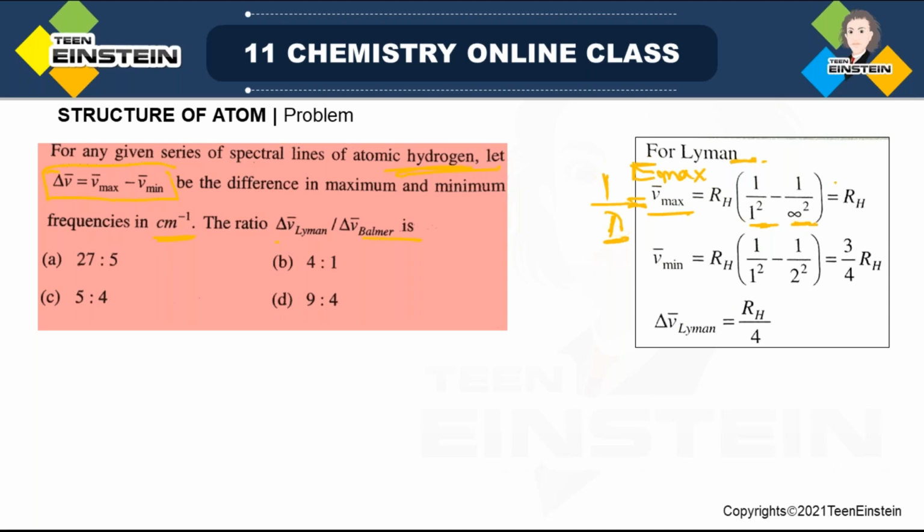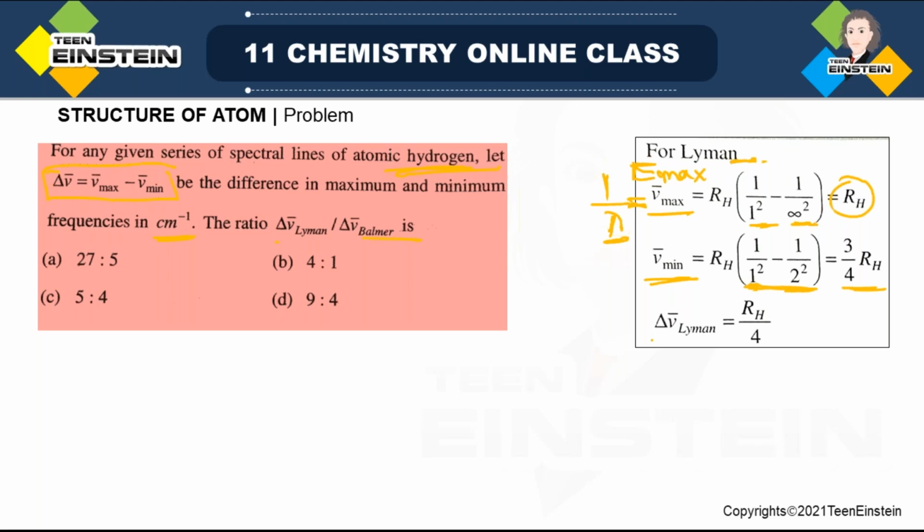So nu bar max for Lyman is RH. Nu bar min for Lyman: now n higher is 2, because n lower is fixed, you cannot change it. But now n2 is 2. It starts from 2 to 1, 3 to 1. So 2 to 1 is the minimum energy, because nu bar is minimum. And this is 3 by 4, which we are getting, that is the term within the bracket.